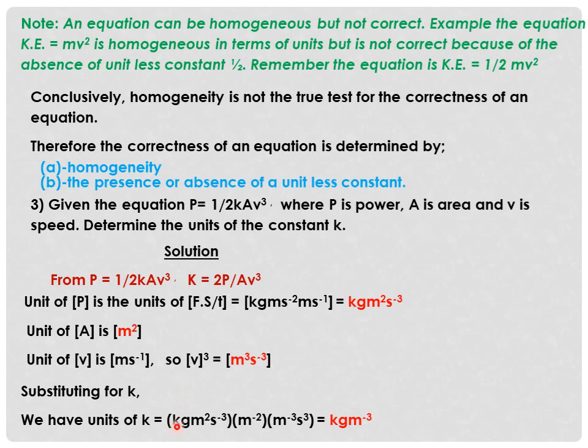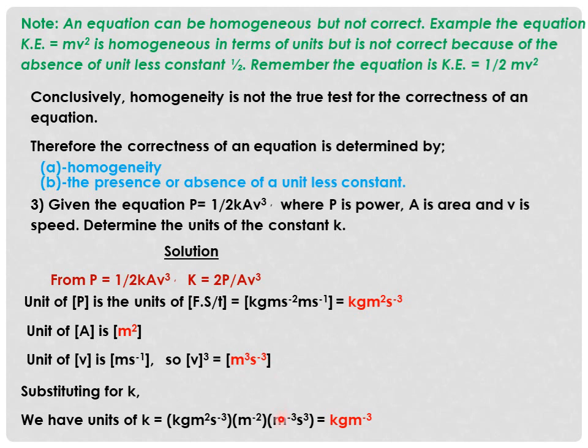We have P divided by area, that is why we have minus 2, divided by speed. Remember that when it is divided by speed, the power of m will become negative, and the power of s will also assume a negative sign.